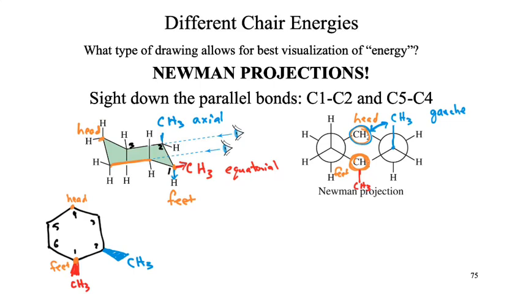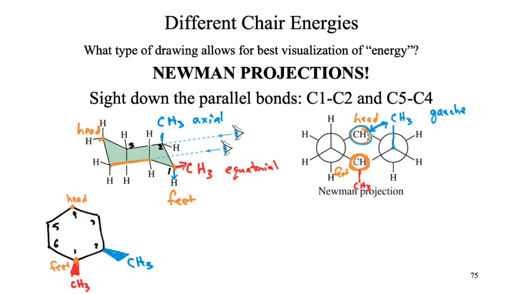That interaction is not a favorable interaction. Okay, so what does it try to do? What does that methyl try to do to get away from that CH2? It repels downwards. As it repels downwards, what happens? Okay, it will become equatorial and it will undergo, or it will force, a ring flip.